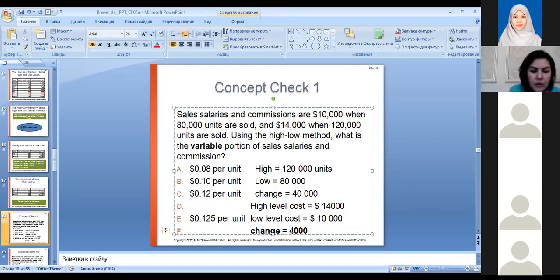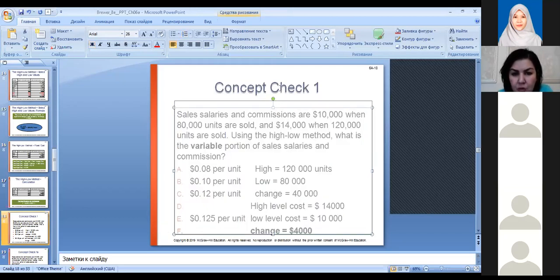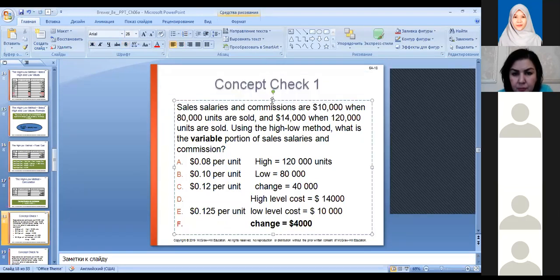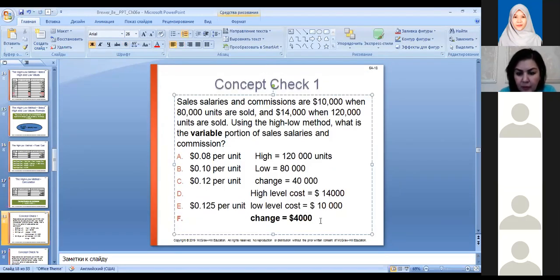So how to calculate variable cost? Let's calculate variable cost per unit. Variable cost per unit equals change in cost divided by change in quantity.